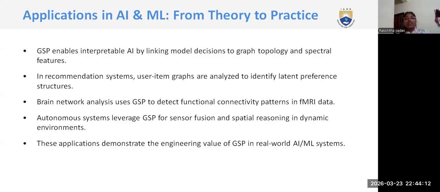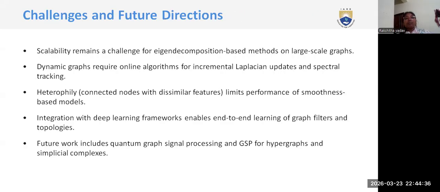Brain network analysis uses GSP to detect functional connectivity patterns in fMRI data. Autonomous systems leverage GSP for sensor fusion and spatial reasoning in dynamic environments. These applications demonstrate the engineering value of GSP in real-world AI/ML systems.